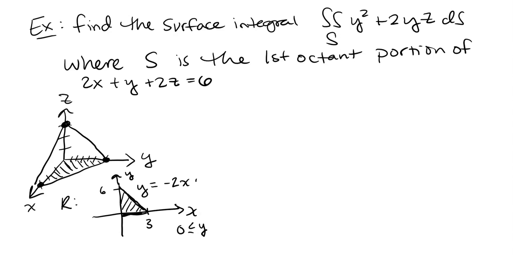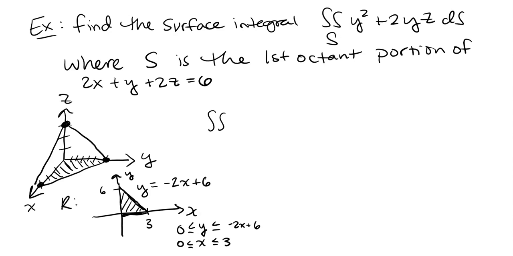So it'd be negative 2x plus the y-intercept of 6. So y goes from 0 to negative 2x plus 6, and then x on the x-axis goes from 0 to 3. So that's going to be our region R, and that's going to determine our bounds.